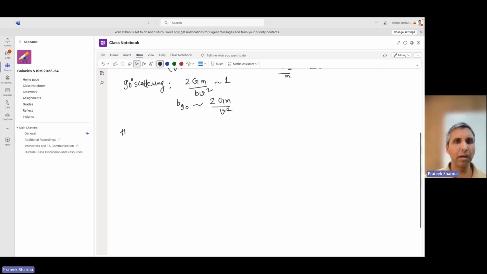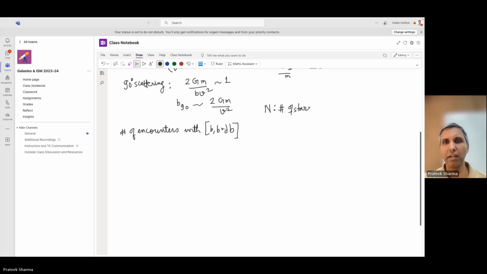So what will be the number of encounters with impact parameter in range B to B plus dB? Say n is the number of stars, each of small mass m, and r is the size of this stellar system, say the length scale of the galaxy.